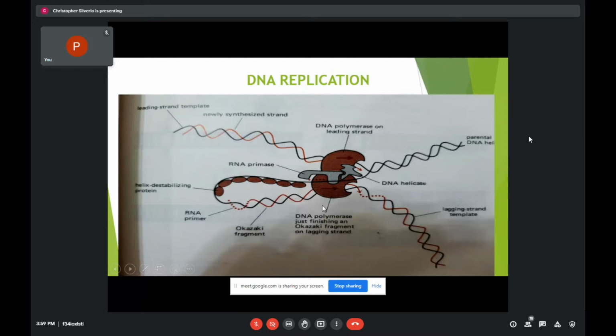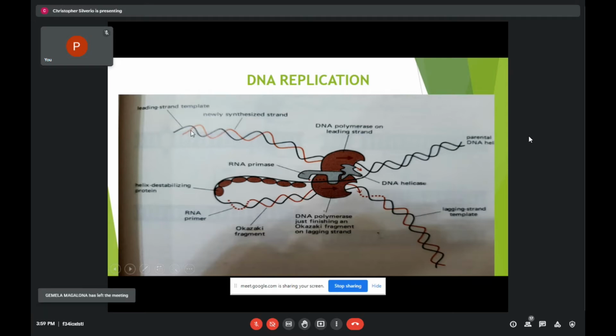In the next slide, class, you will see how it works. Okay? This is the leading strand. In the presence of the DNA polymerase, what happened to this leading strand?